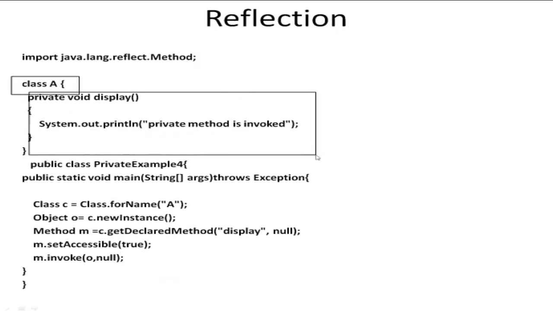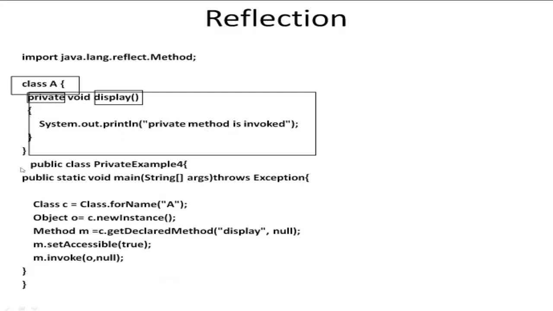It is going to display that a private method is invoked. Why? Because here we have given a particular method as private. We have declared void, so it doesn't have any return type. Display is the method name. Before that we have defined public. So in this method it is going to print that the private method is invoked.